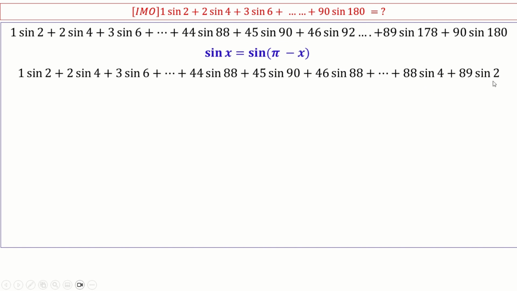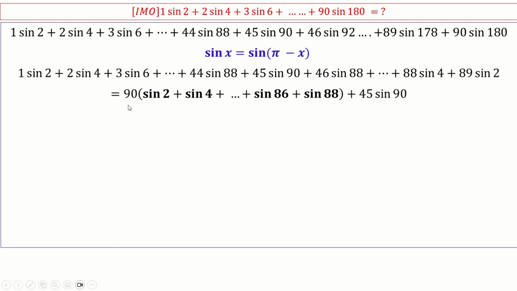So I am rewriting 89 sin 2. Then the previous one will become 88 sin 4. And in the center, I'll get 44 sin 88 and 46 sin 88. If I add these two, I will get 90. And the only thing remaining is this one alone, standalone, and sin 90 value I already know: sin 90 is 1. So it will become 45.